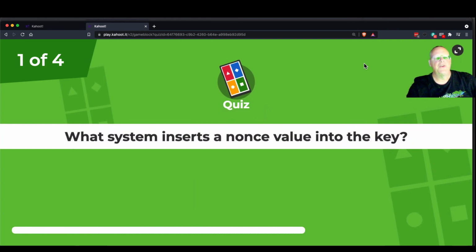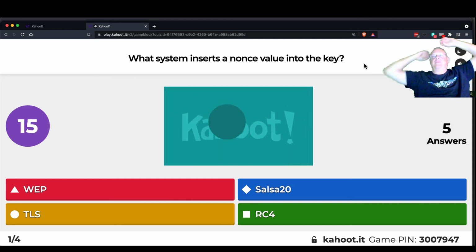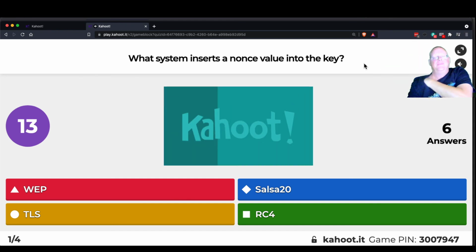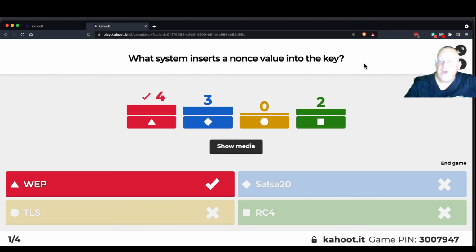All right, so what system puts a nonce in the key? That was WEP. It's sort of like using a wrench for a hammer. Not a good policy. All right.